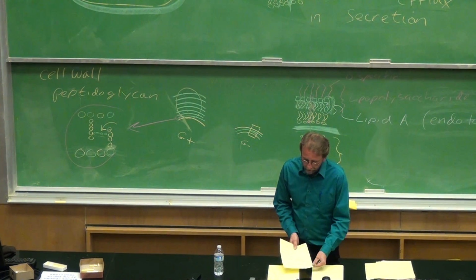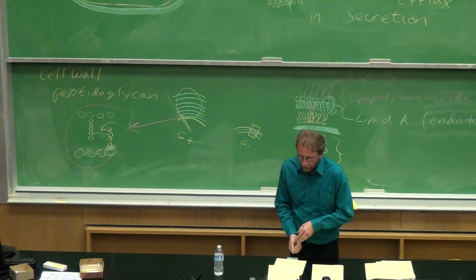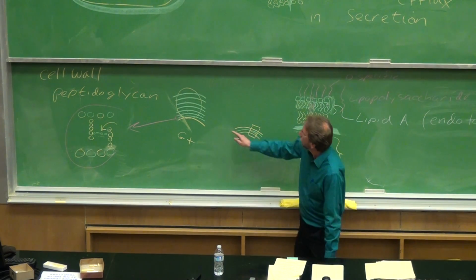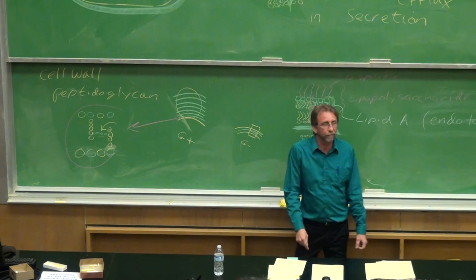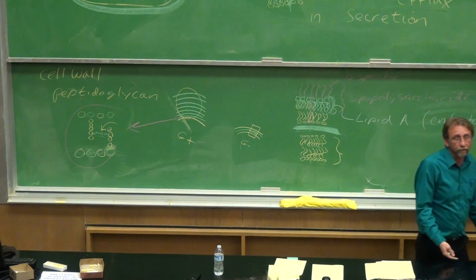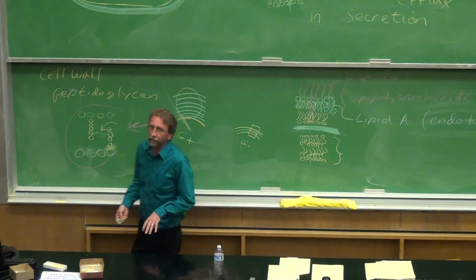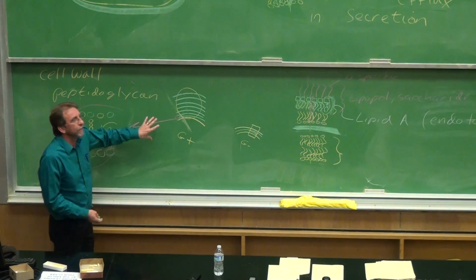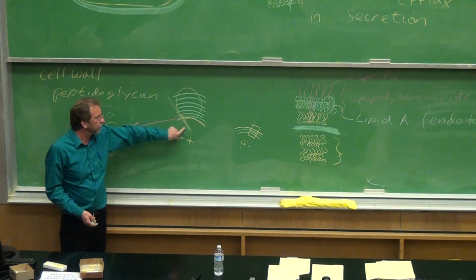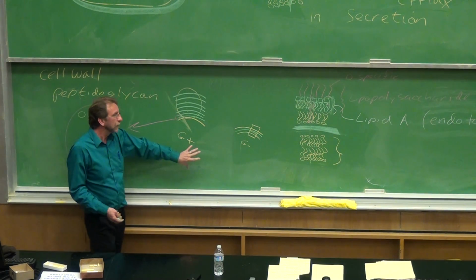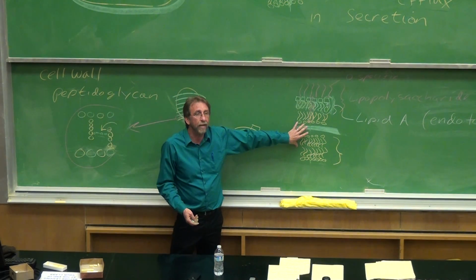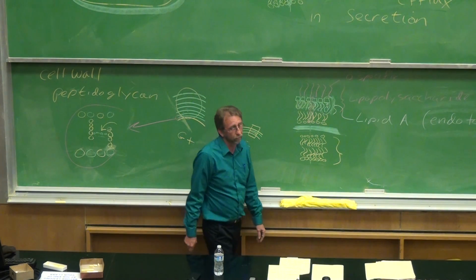Okay, so some compounds interfere with the formation of peptidoglycan. Penicillin is one of them. That's why penicillin is very effective in treating certain infections. However, it's going to be effective in treating gram-positive infections. Penicillin is not as effective in treating gram-negative microbes.